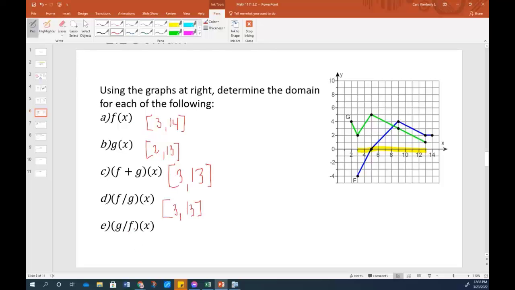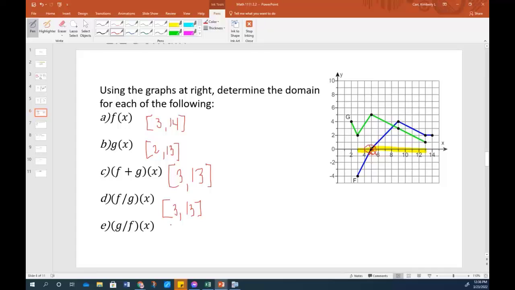On this next one, though, I'm dividing by f of x. Since I'm using both functions, I'm still narrowed to looking at this 3 to 13, but I cannot use any place that f of x equals 0. But f of x equals 0 right here. So I actually cannot use the value of 5. I'm going to have to get rid of that one.